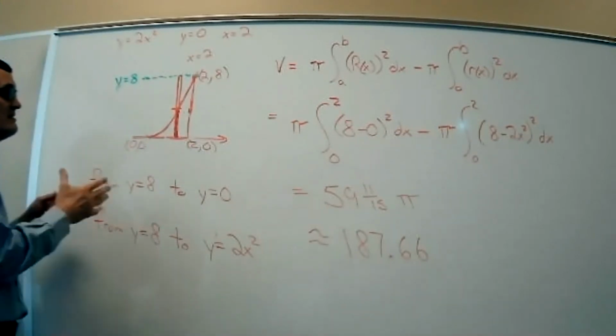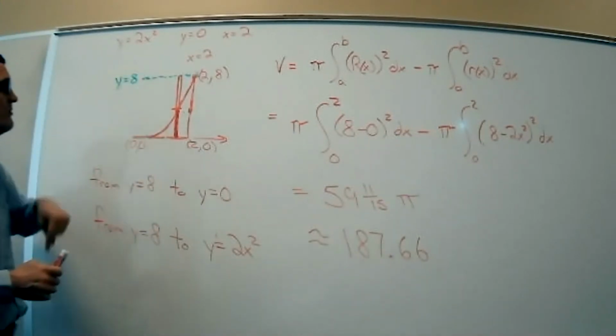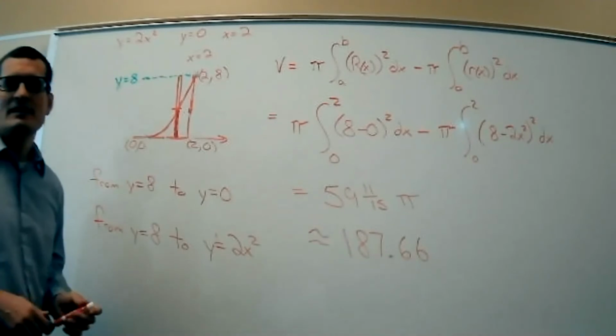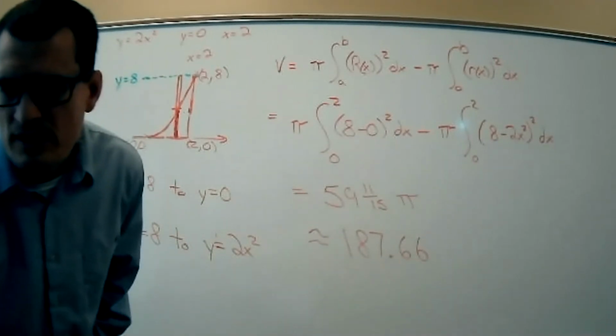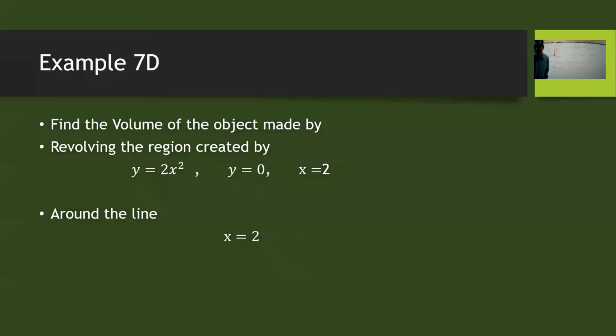All right, so that's 7C, rotating around y equals 8. Now for the last problem I want you to do, I want you to take that same region and rotate it around the line x equals 2.